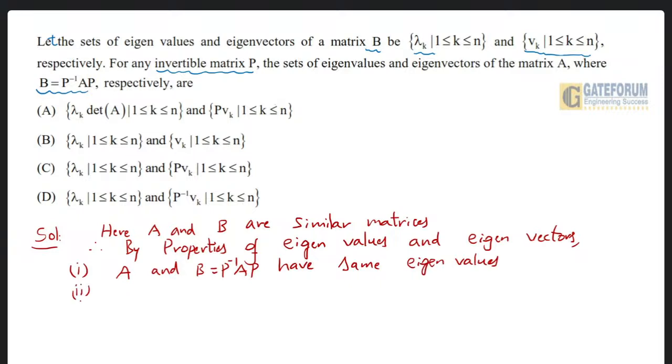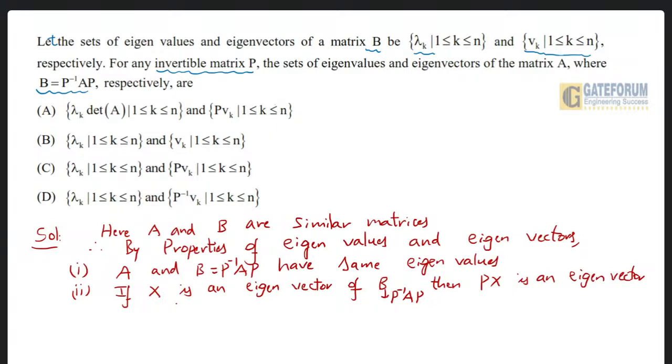Number 2: if X, usually capital X, is an eigenvector of matrix B, which is P inverse A P, then P X is an eigenvector of matrix A. This is one of the properties of eigenvalues and eigenvectors.